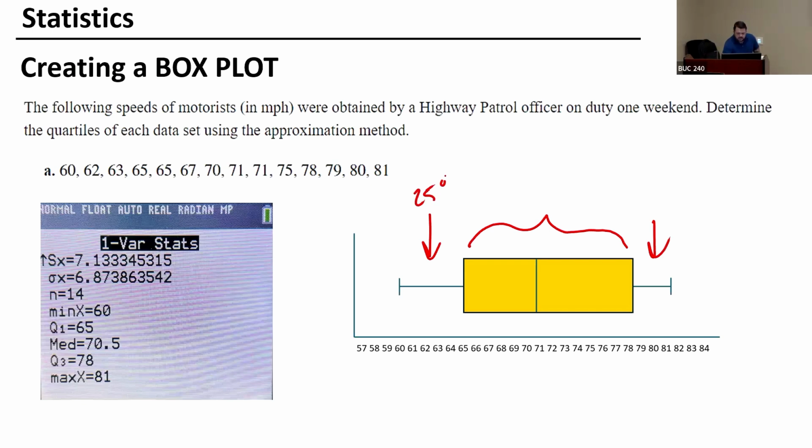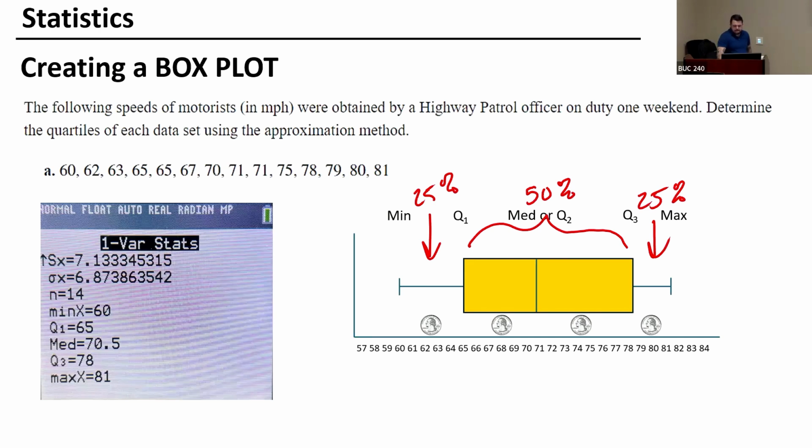Exactly, so we got 25%, 50% and then 25%, exactly. Because it has to equal up to what? 100%. If it doesn't equal 100%, you didn't include some data somewhere. Just remember your quarter. That's how I always remembered it. I remember quarters, it's got 4 points, quarters in each one. We good on that?